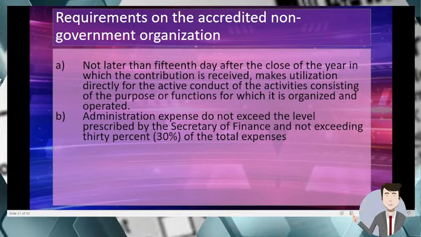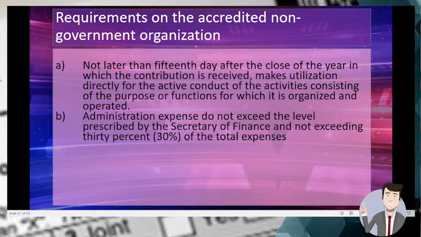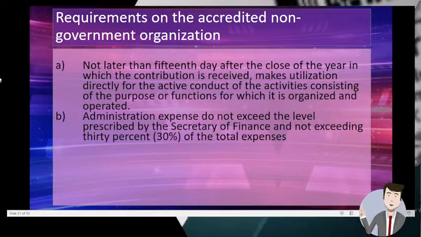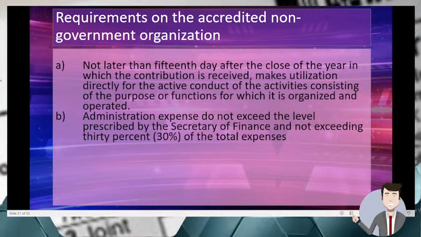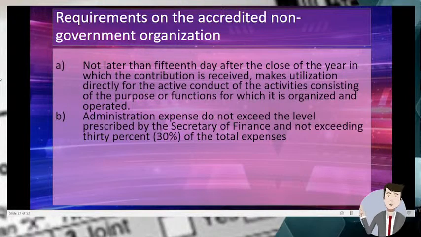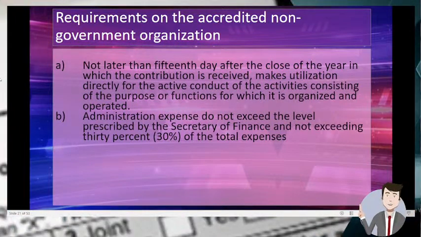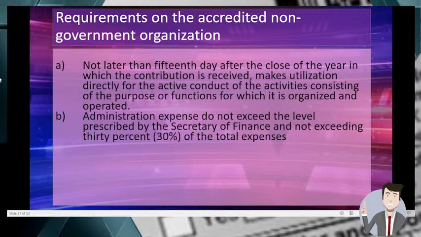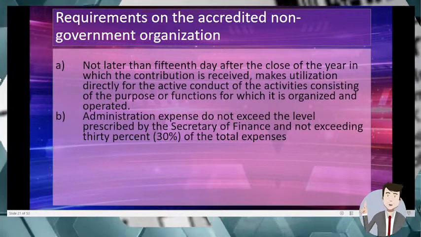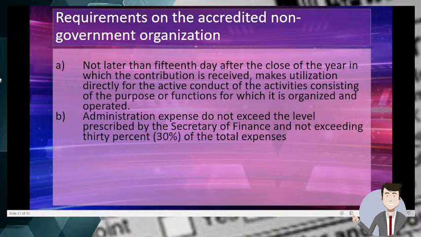So therefore, 70% of the total expenses of accredited NGOs should go directly to the activity for which the NGO is organized, created or operated. So if the administrative expenses exceed 30%, that NGO is no longer accredited by the government. And therefore, if you are not accredited, your contributions may not be considered as a deduction to the gross income of the donor or of the taxpayer.